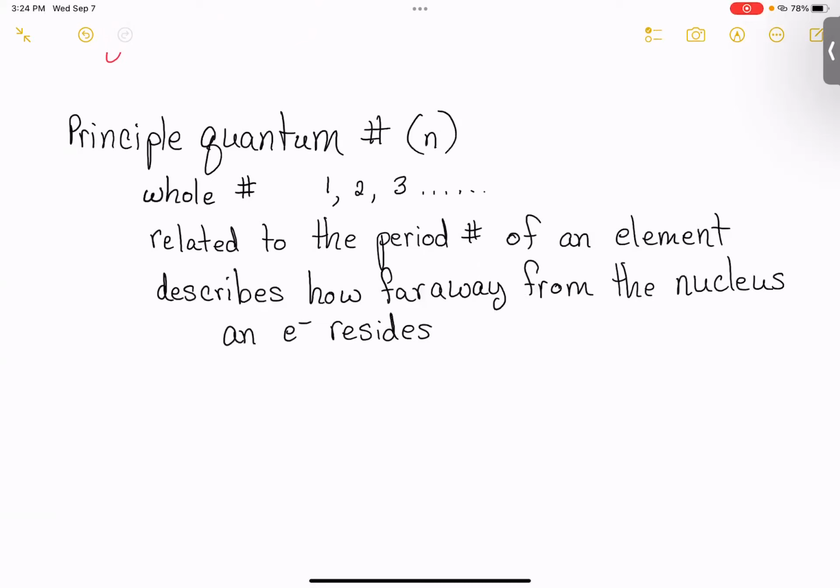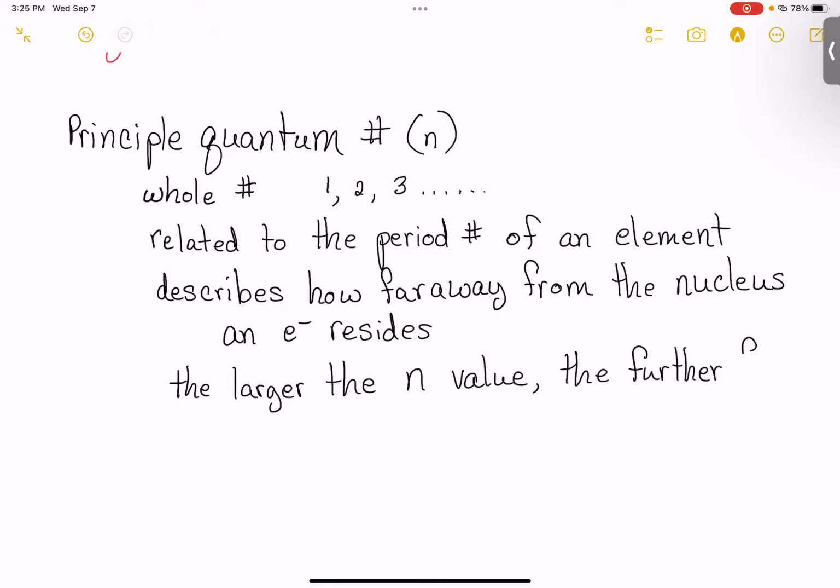The larger the N value, the further from the nucleus does the electron reside.